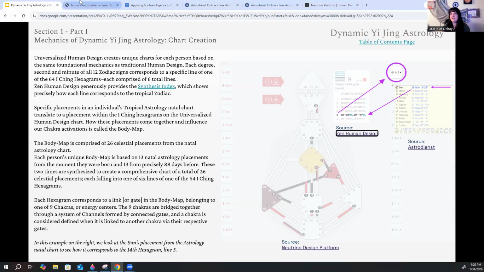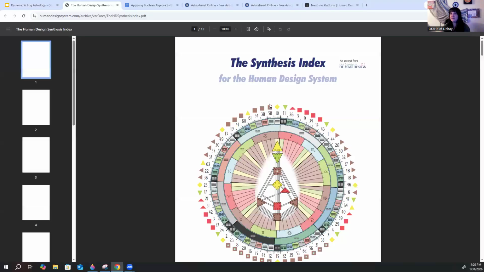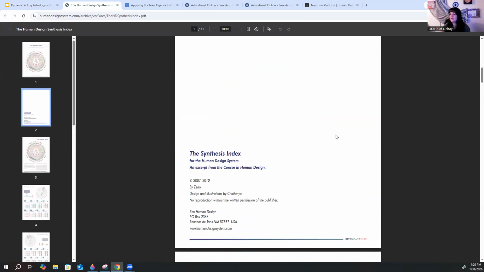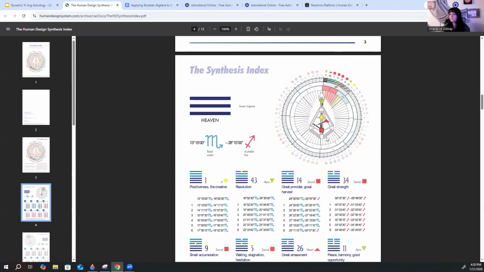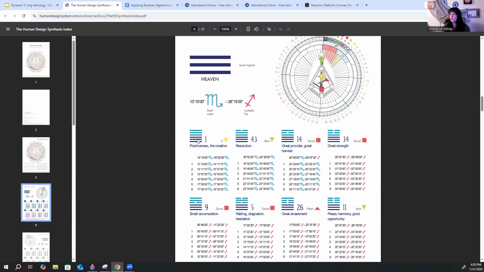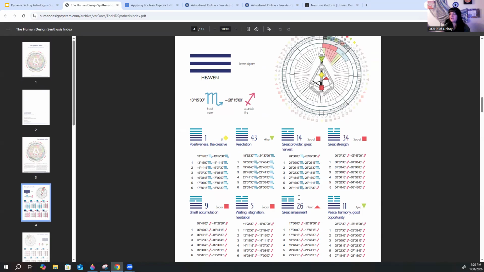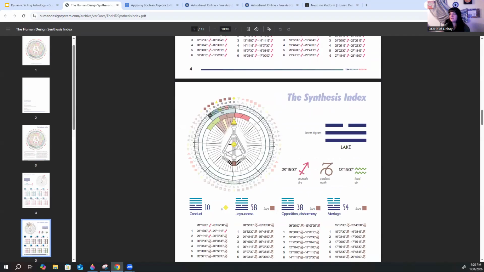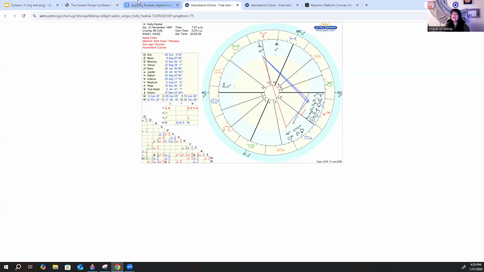Zen Human Design graciously hosts the Human Design Synthesis Index, which lists all the corresponding degrees to the lines of each hexagram. All the signs are listed. The whole zodiac wheel is listed there.